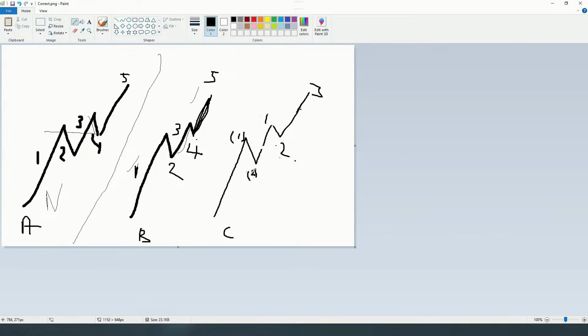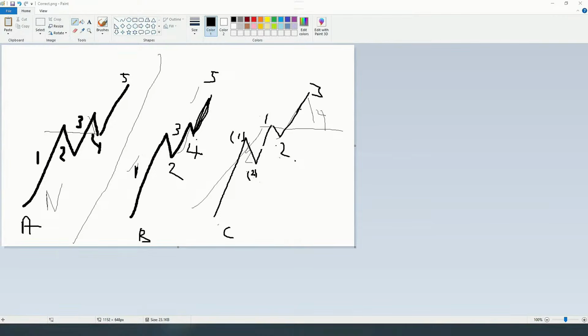So the correct way that an Elliottician would draw this, they would say all this is wave 1 with a little bit of a correction, could have 3 in there. And this is 2 and this is 3. So that would be correct, especially if this pulls back and 4 here does not go into wave 1. Okay, so it can't be the shortest.